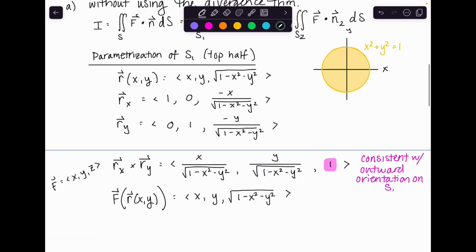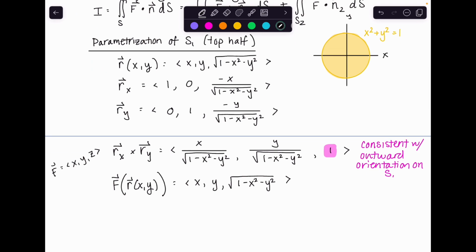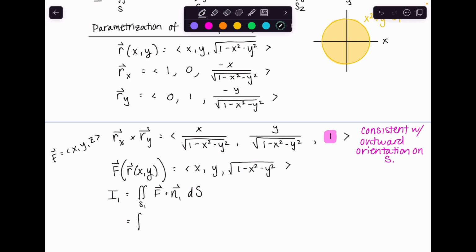So to go through this first surface integral, I'm going to call it I1. It's the double integral over the surface S1 of f dot product with this normal vector. So in this case, it is a double integral over the region R, which is in the xy plane, of this vector dot product with this normal vector, which is rx cross ry.